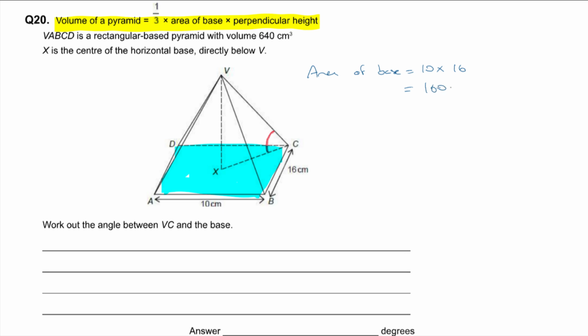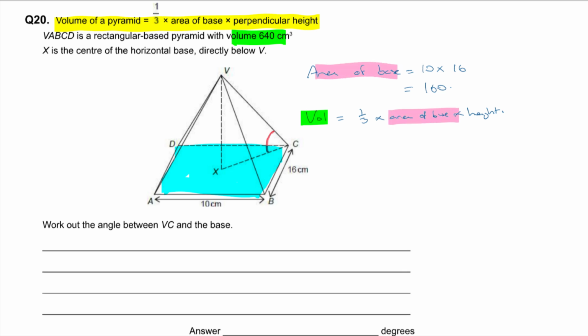Okay, and then we know that the volume is 1/3 of area of base, which we just found, times the perpendicular height. Okay, now we know the volume. It was given here, so we know that the volume is 640. We know the area of the base because we just worked it out.